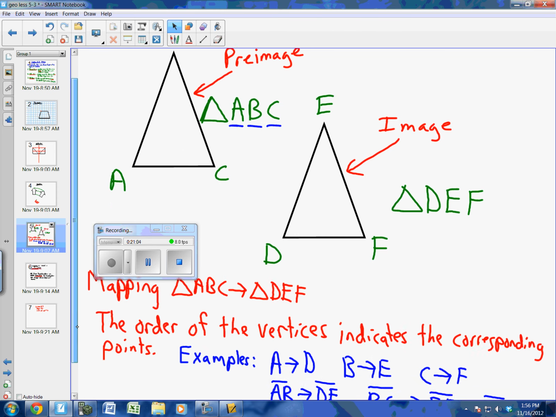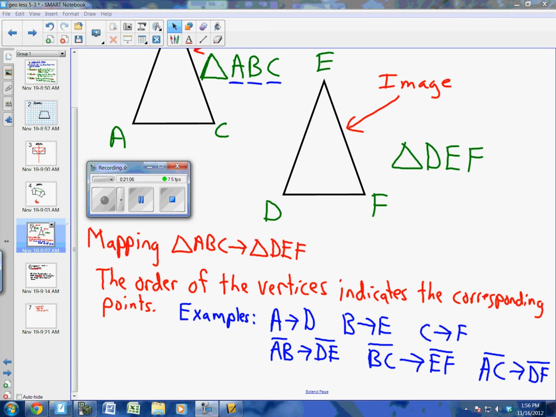Okay. So moving this up right here, mapping triangle ABC to triangle DEF. The order of the vertices indicates the corresponding points. So what does A correspond to? D. What does B correspond to? E. And C corresponds to F. Side AB, which is this side over here, corresponds to side DE.